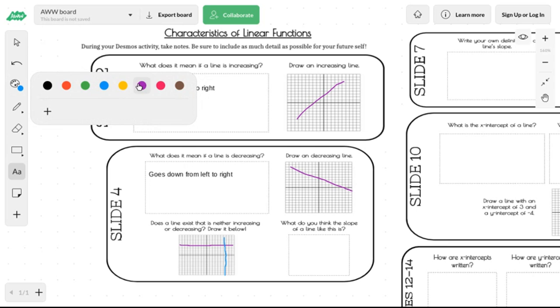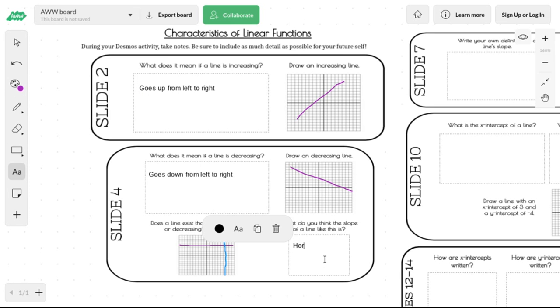But for now, to add into your notes, it would be helpful to know that horizontal lines have a slope of 0.